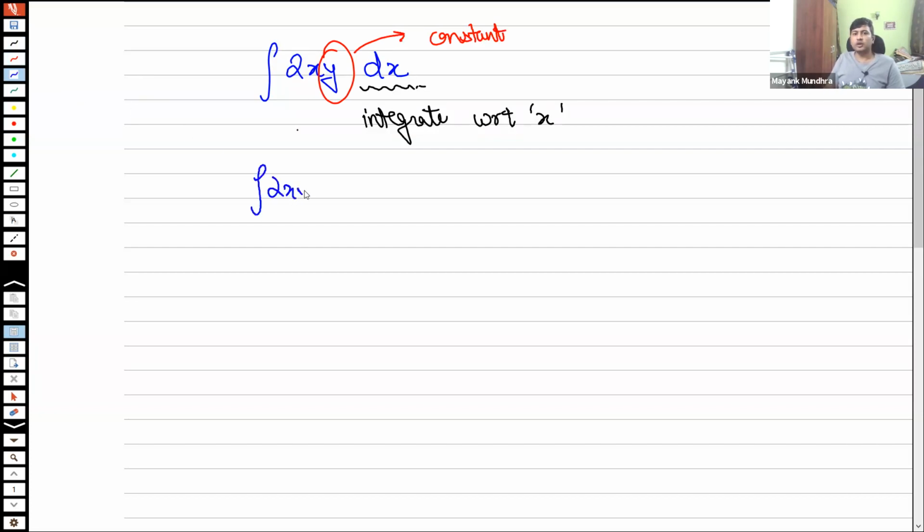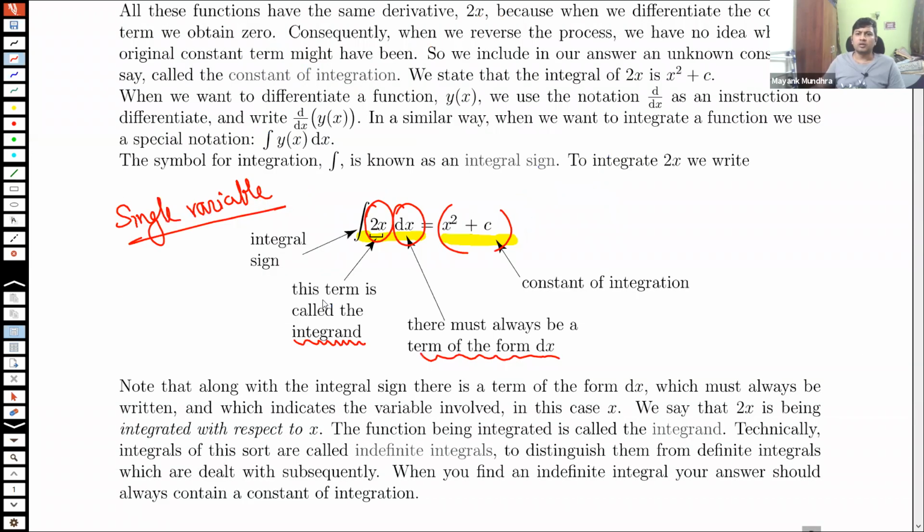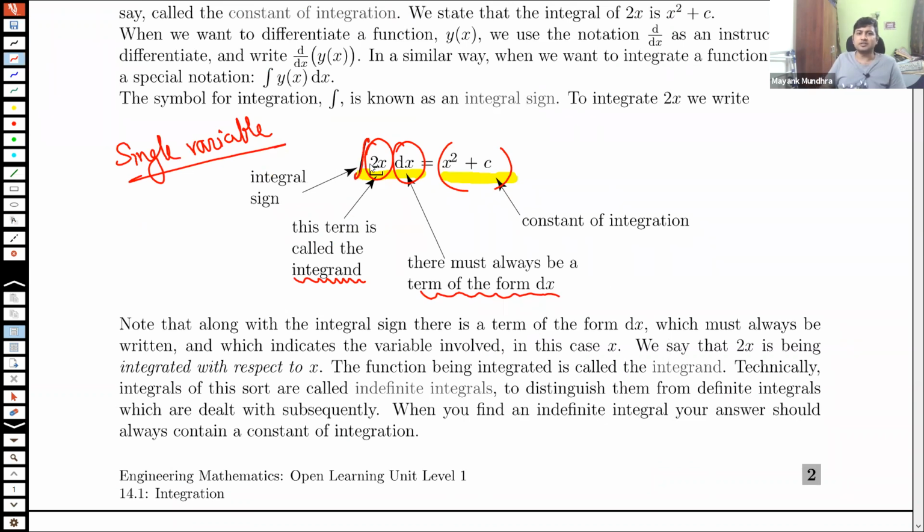So the integration of 2xy dx will basically be, since 2 and y are both assumed to be constant, treated as 2y times the integration of x dx. You can take the 2 and y outside and just integrate x dx. This snake-like structure is known as the integral sign, and this c is going to be the constant of integration.